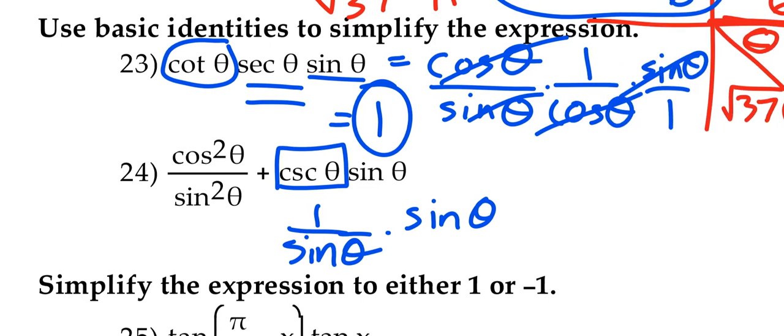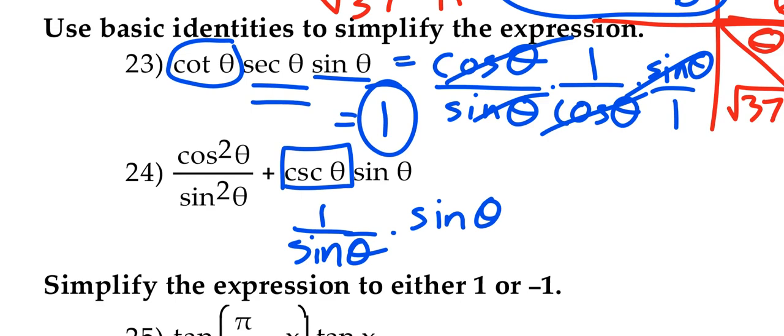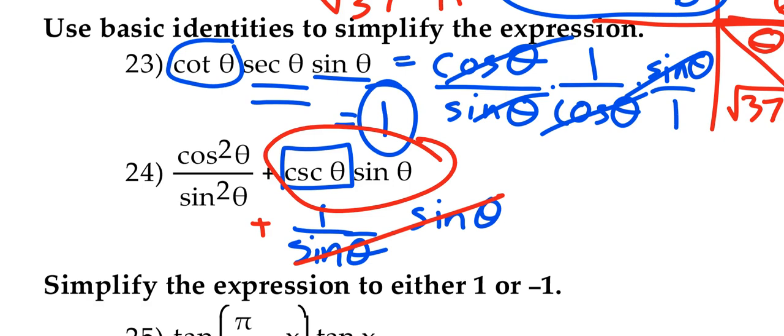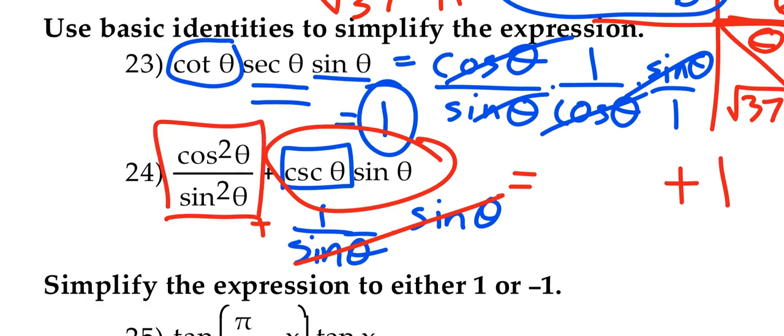And they cancel out, right? Okay, so if they cancel out, what does that become? What does this thing become? That's a 1, right? So we got that part. What's this part? It is not tangent squared, but you're really close. Cotangent squared.